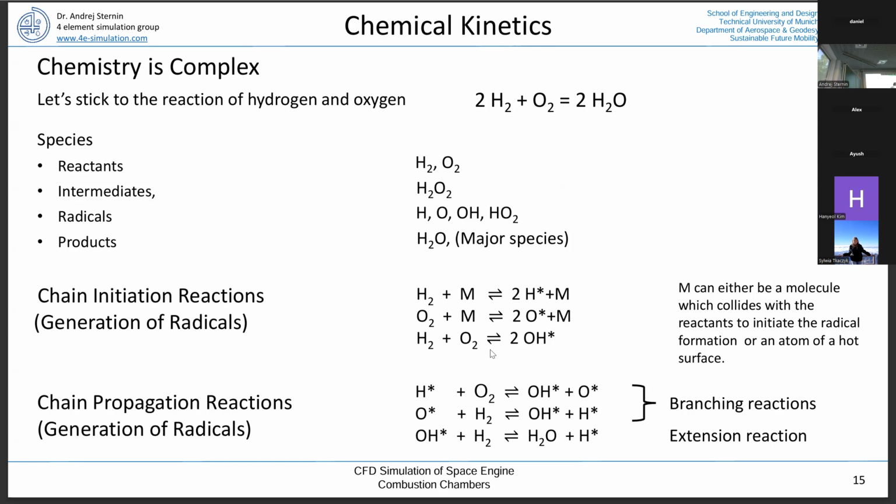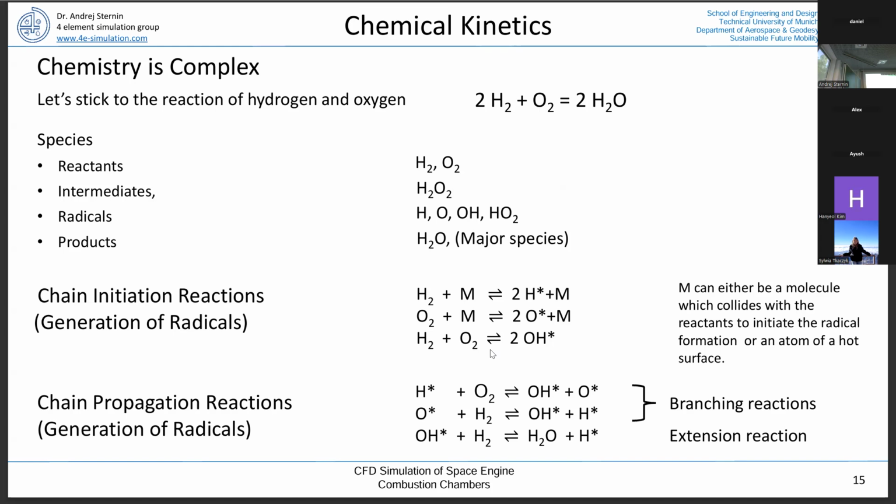And again, out of this, we have one radical colliding with oxygen, and we may generate two radicals. This is the very important thing. If we are able to generate more radicals at each step, we have a kind of avalanche process, and that's the prerequisite that we are able to generate an explosion.